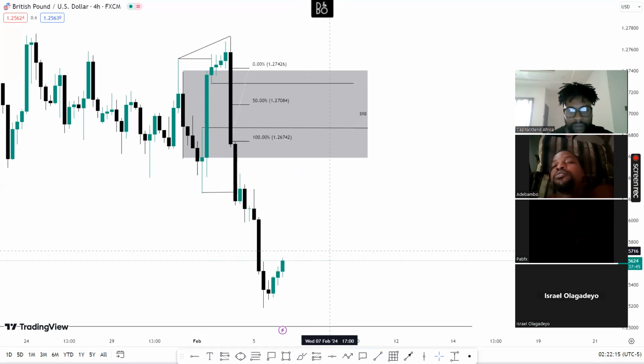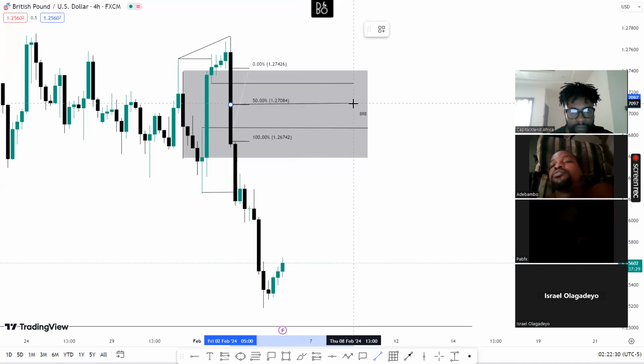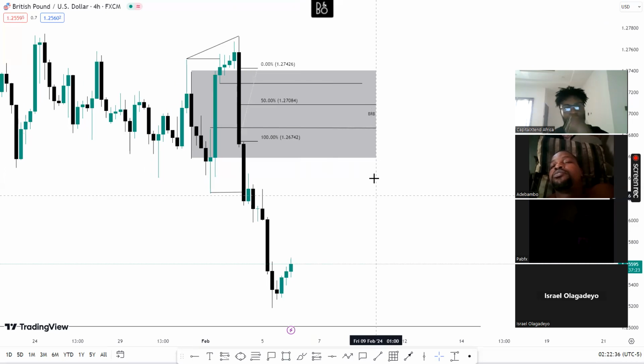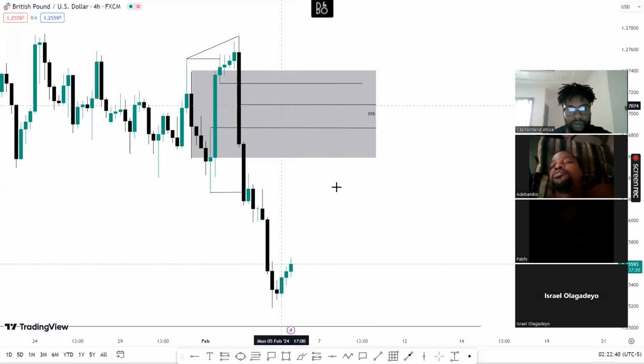So we've got our 50% consequent encroachment over here.